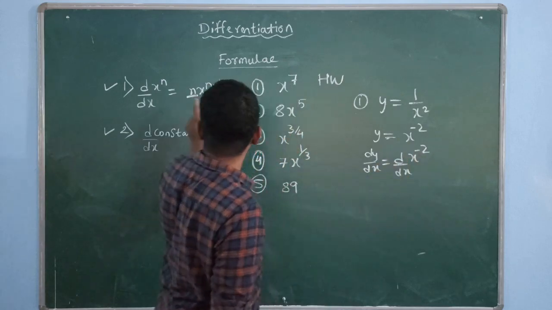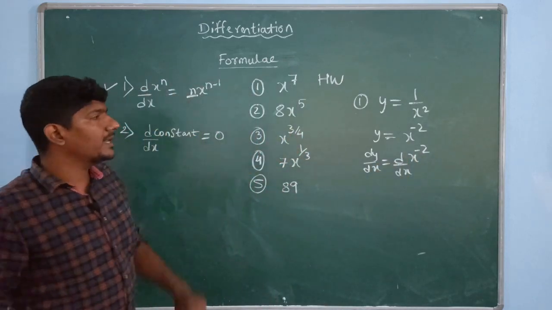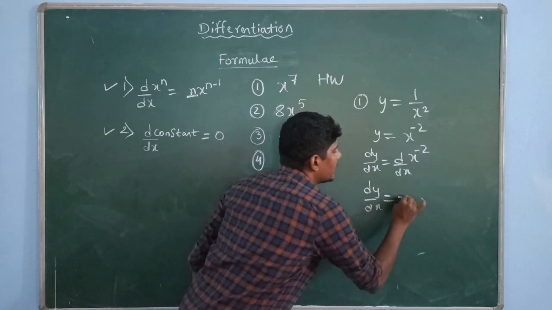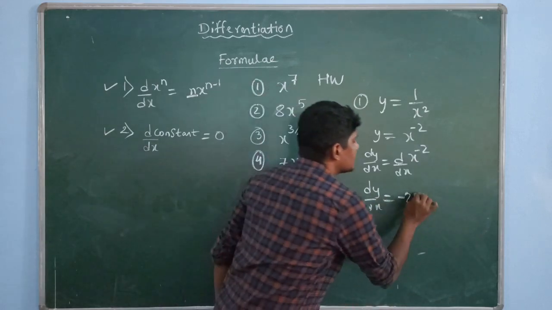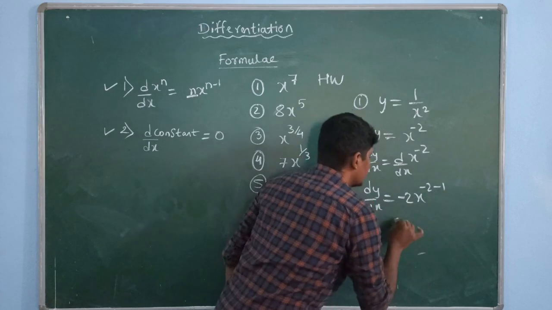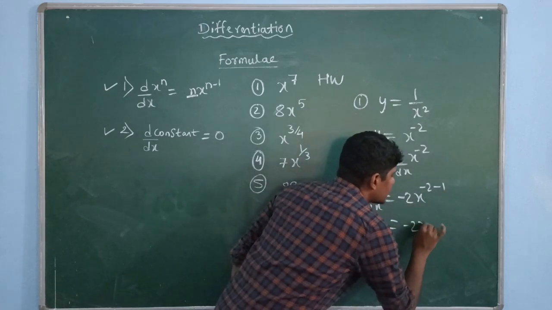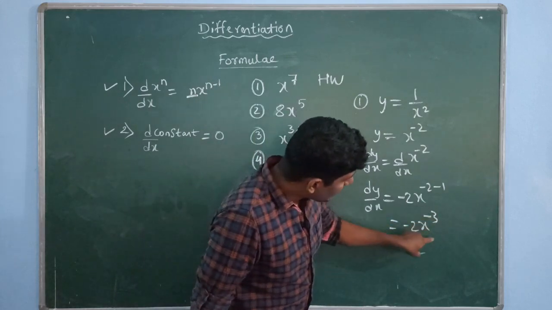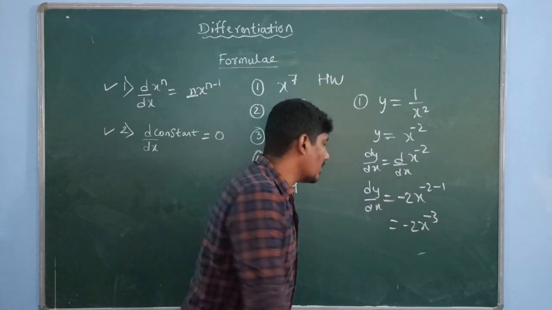In place of n, we have minus 2. So dy by dx equals minus 2 x raised to minus 2 minus 1, that is minus 2 x raised to minus 3. Otherwise you can take x raised to minus 3 to the denominator.